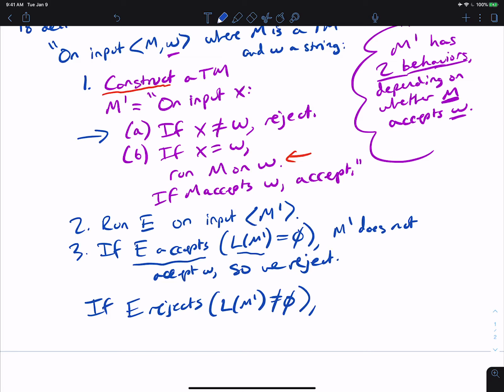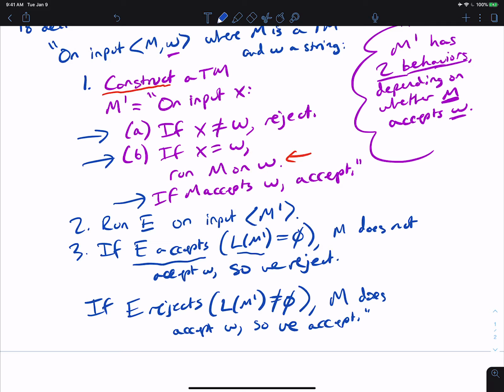Well, it rejects every string other than W. So that means that the only possibility of being a non-empty language is if it accepts W, which means that we had to hit this final step here of whether M accepts W. So this means, oops, I should have M does accept W there. That was my mistake. M does accept W, so we accept then.